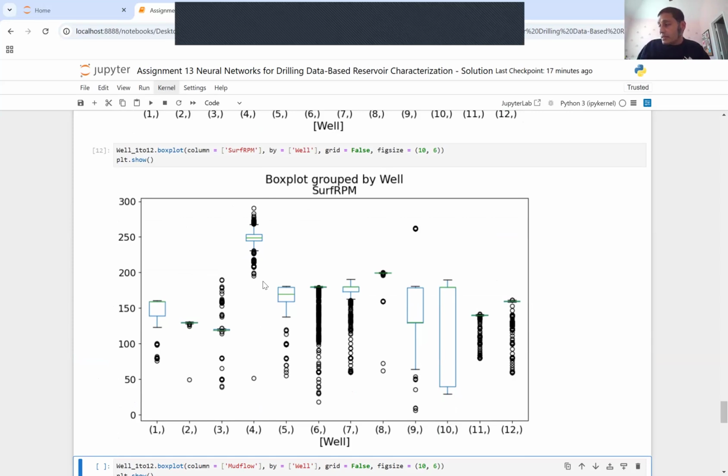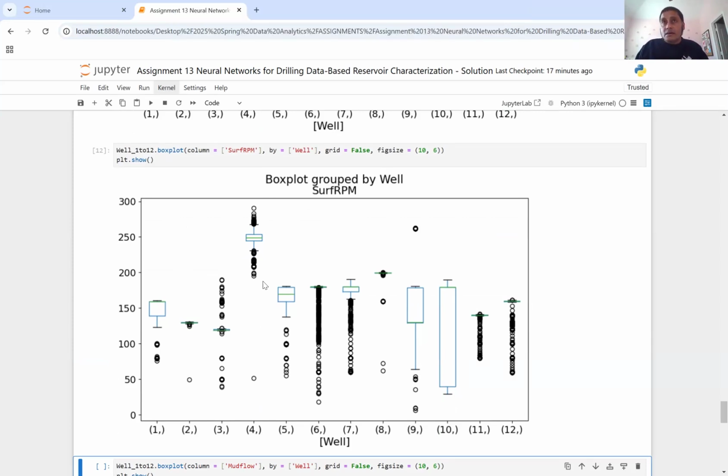It's entirely possible that this could have been a completely different bit. It could have been a different crew or many other possibilities. And if that's the case, then a closer examination of well 4 is warranted.